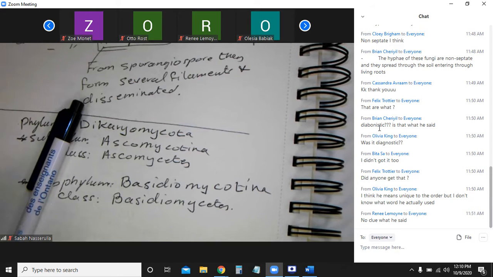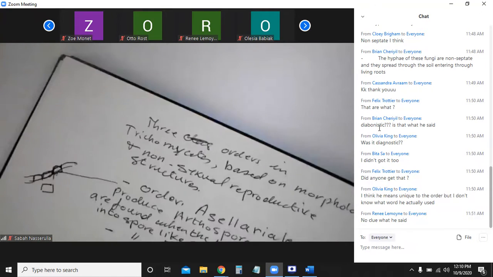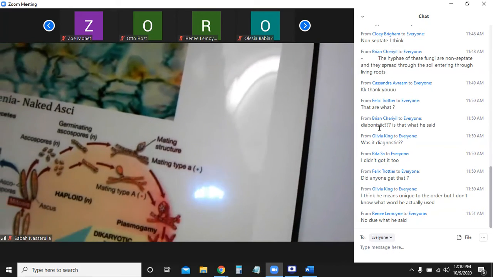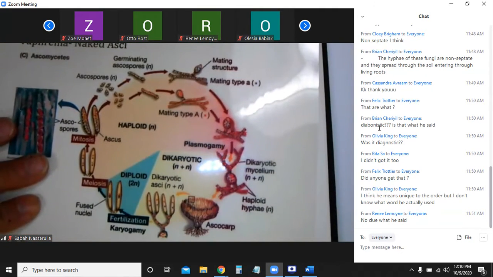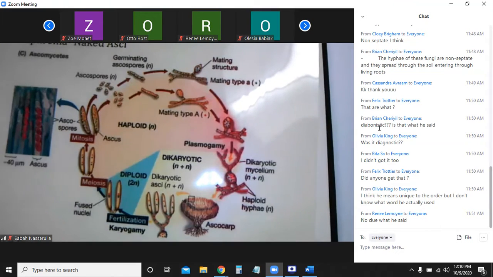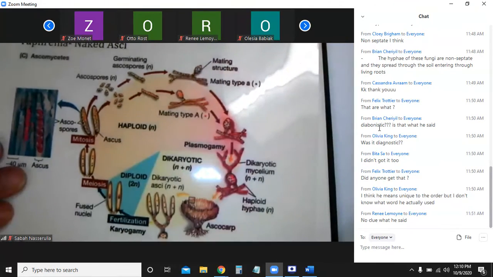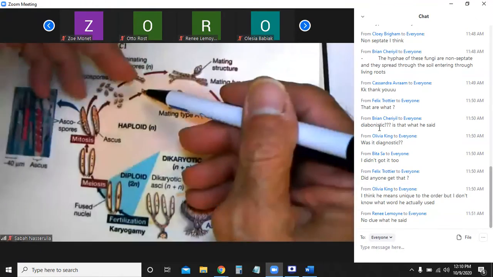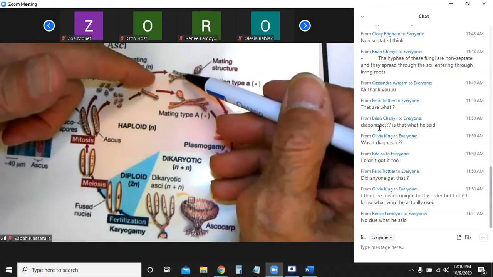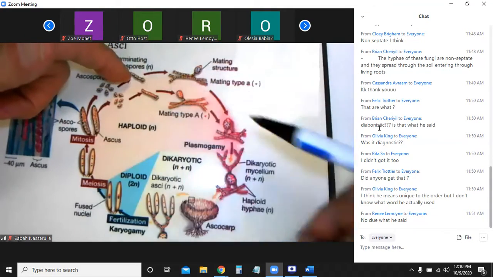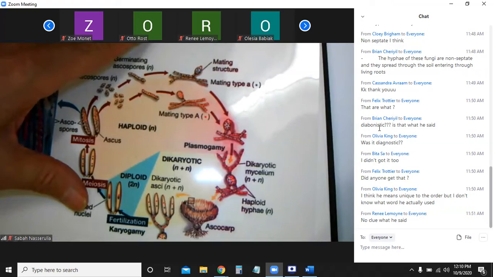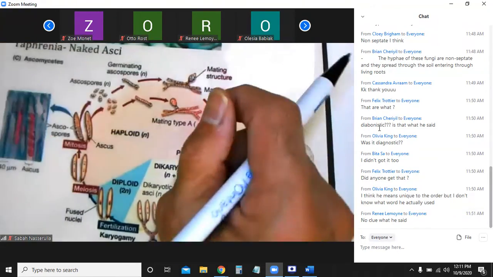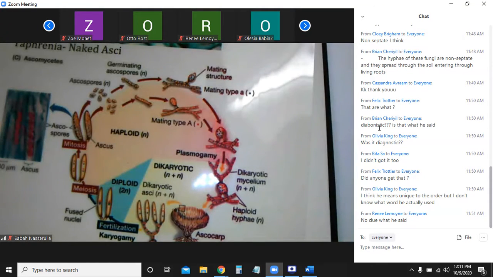Now, when sexual reproduction takes place, and of course when the two cells come together, these fungi are mostly septate. So when the two filaments come together, I don't know if I have another picture which is better than this one here.